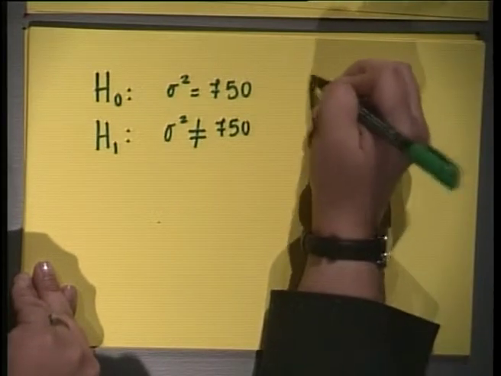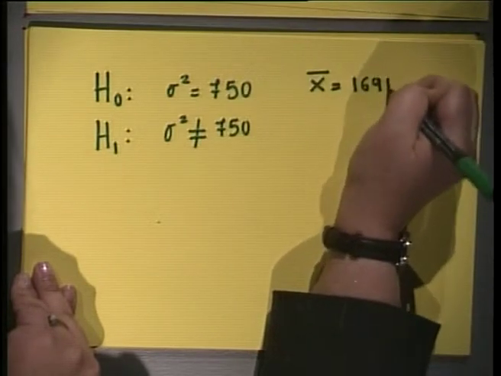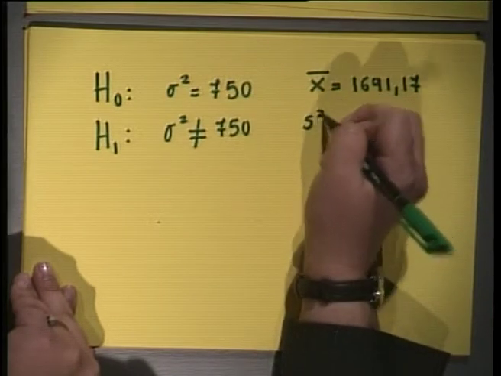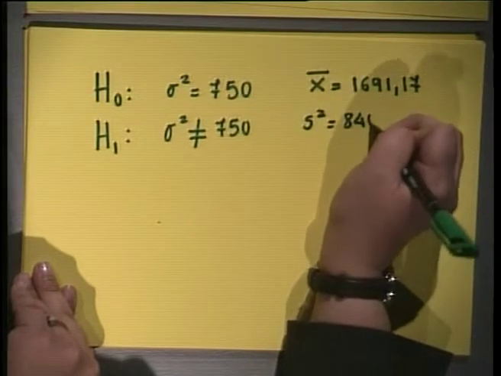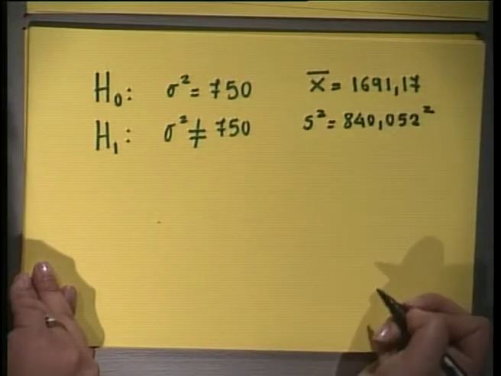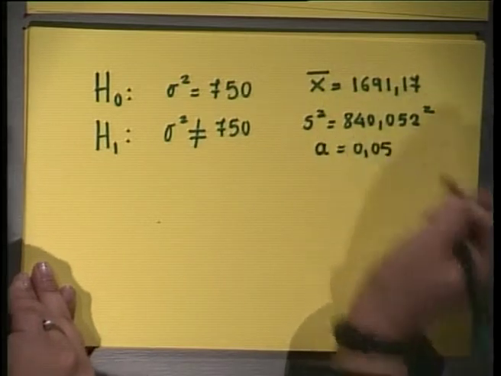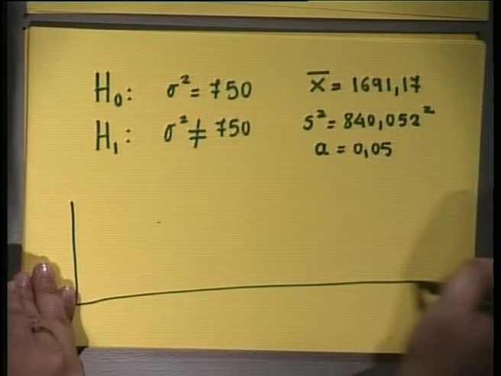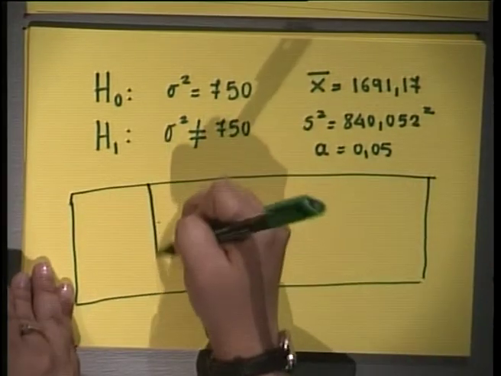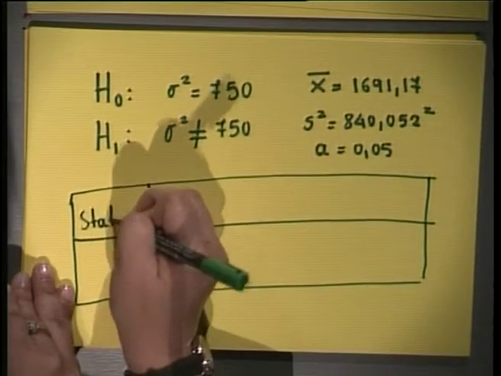From the data, we have calculated that the sample mean is given here. The variance is also calculated from the data. By choosing alpha 0.05, we can construct our table. So we have the statistic.